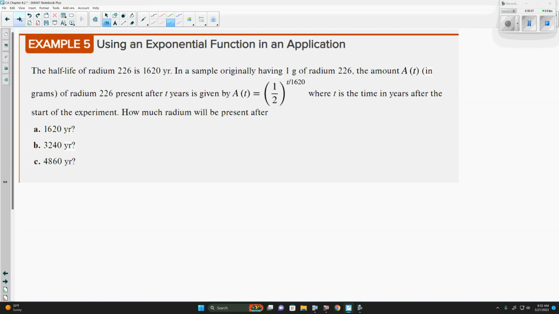How much radium will be present after each of the following years? In each one of these, we're just plugging in the amount for T. So A sub T is equal to 1/2 to the 1620 divided by 1620.